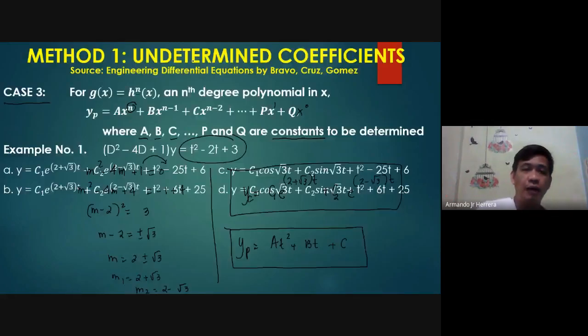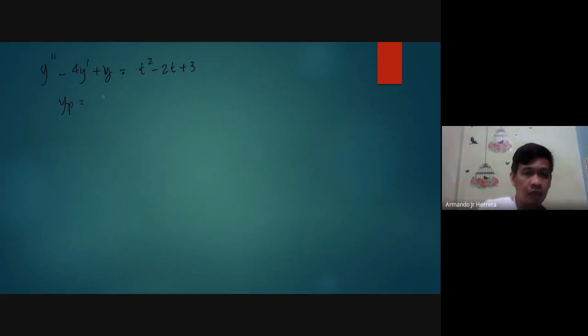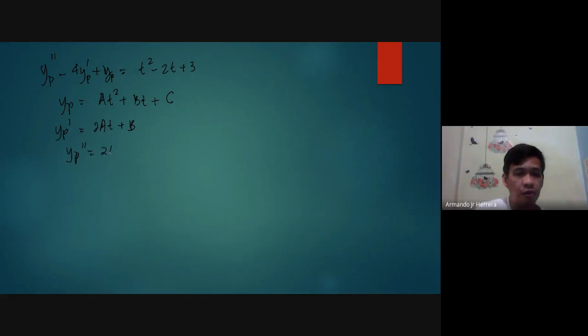And then you have y_p is equal to at squared plus bt plus c. So again, lagyan lang natin ng subscript na p. And then we solve y_p prime equals 2at plus b. y_p double prime is 2a.